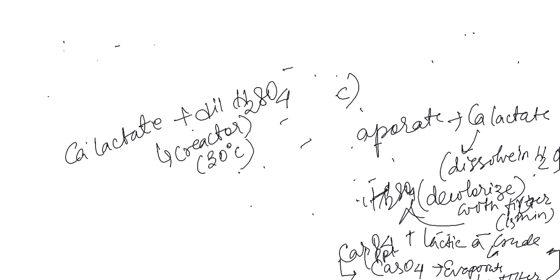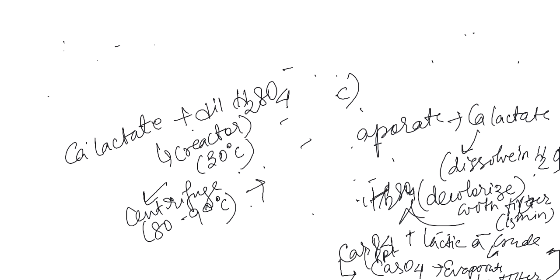Then after mixing, we will centrifuge it at 80 to 90 degrees Celsius. After centrifuging, we need to evaporate and filter it. So you will get the crude lactic acid.